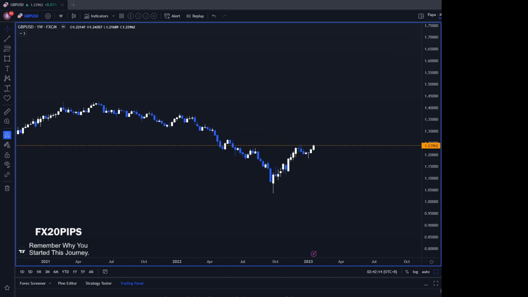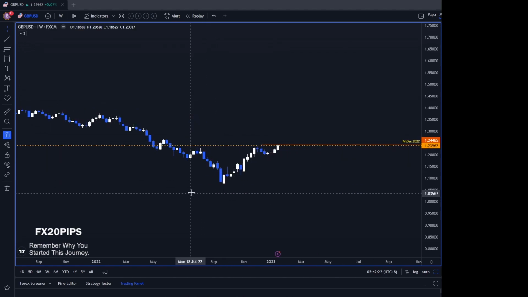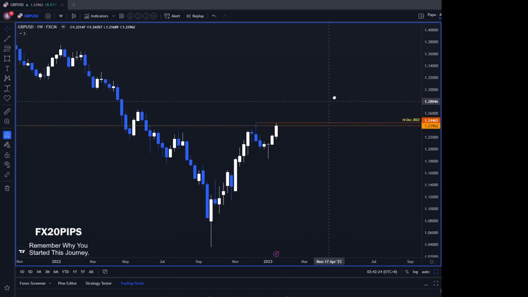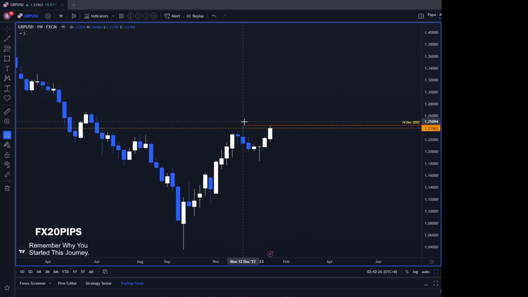All right, we can look at some major resistance. So we have here, the double top on the 14th of December at the 1.24465 level.